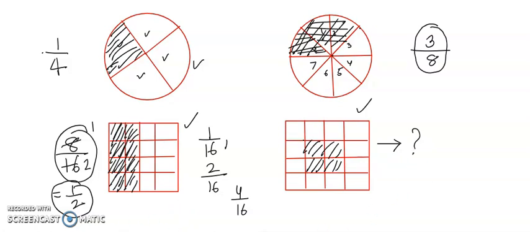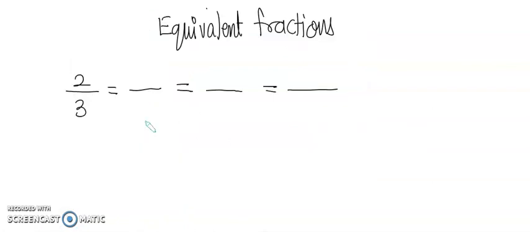Thank you, and we will now learn about equivalent fractions. As you can see here, I have taken 2 by 3 as any fraction, and I want to find out its equivalent fractions. For finding the equivalent fraction, you simply need to multiply the numerator and denominator by any number.